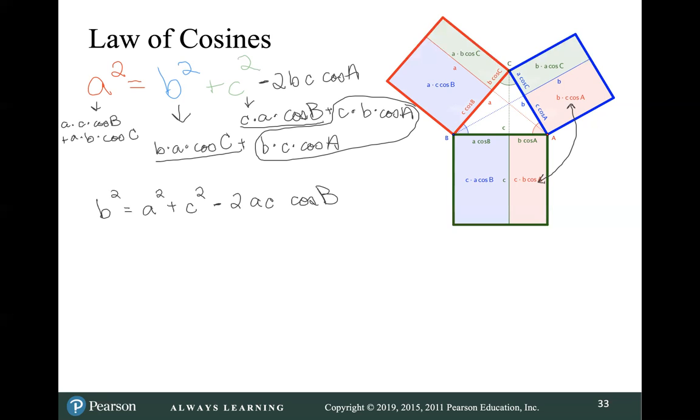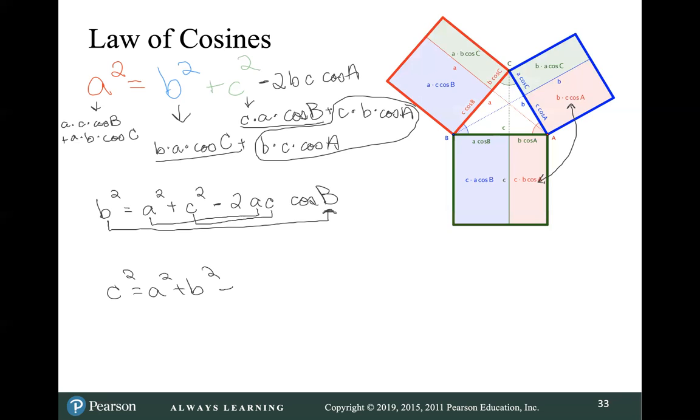Okay, so let's look at the pattern here. If I look at where my a's are, my a's are on the same side of the equal sign, my c's are on the same side of the equal sign, my b's are on the opposite side of the equal sign, and one of them is an angle. So we start out with the Pythagorean theorem, c squared equals a squared plus b squared, but then we have to subtract the extras because this is not a right triangle.